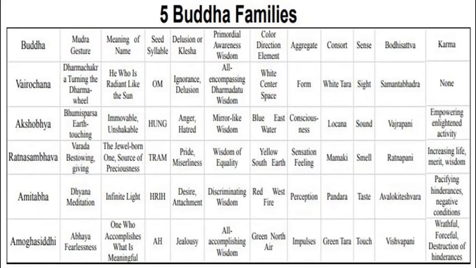So to go into the 5 skandhas, Vairochana represents form, Akshobhya consciousness, Ratna Sambhava feeling, sensation, Amitabha perception. Amoghasiddhi is the samskaras, our actions of mind, and so forth.